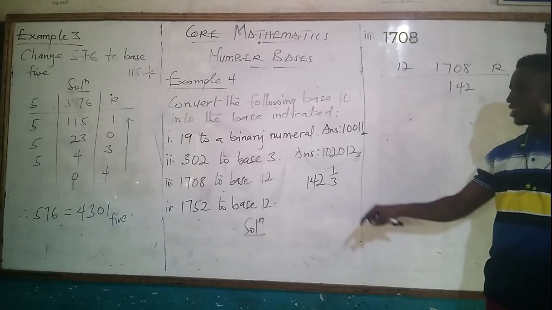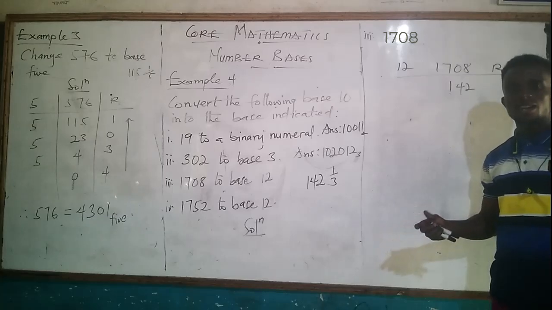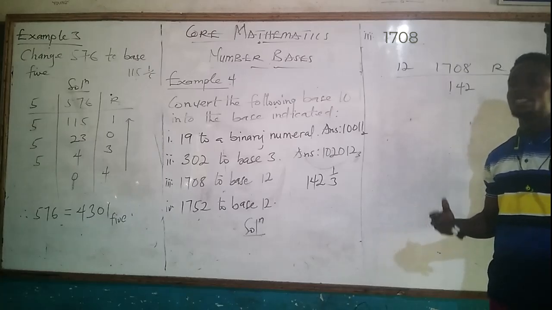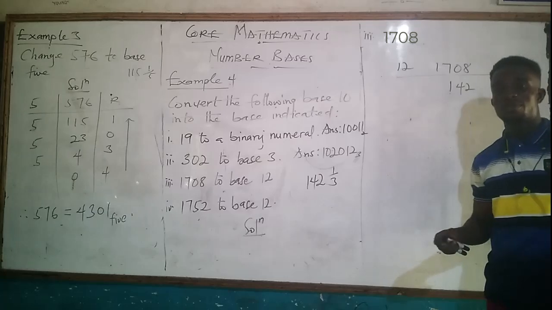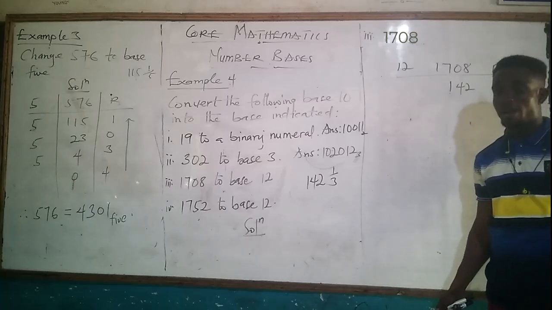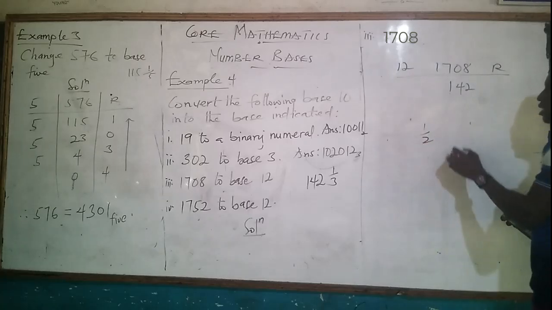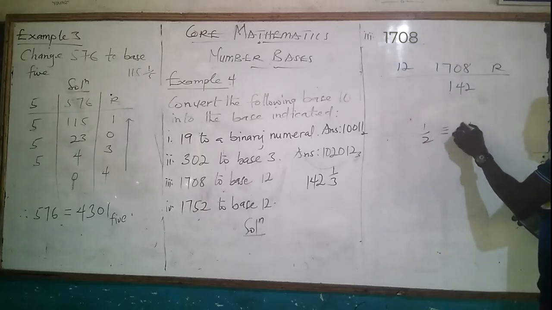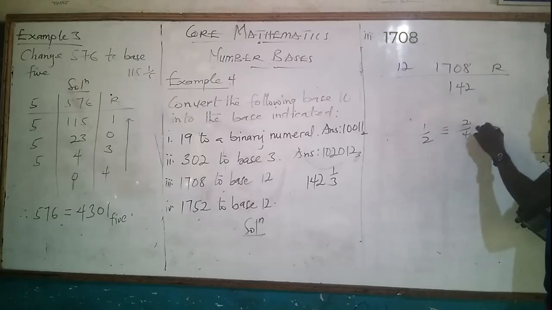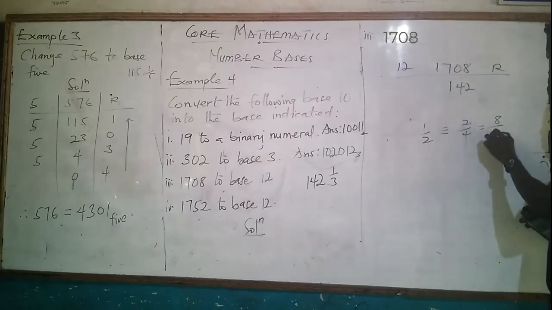You know equivalent fractions, how to form equivalent fractions. They are fractions having the same values but of different forms, right? If I have 1/2, it is equivalent to 2/4, which is also equivalent to 8/16.